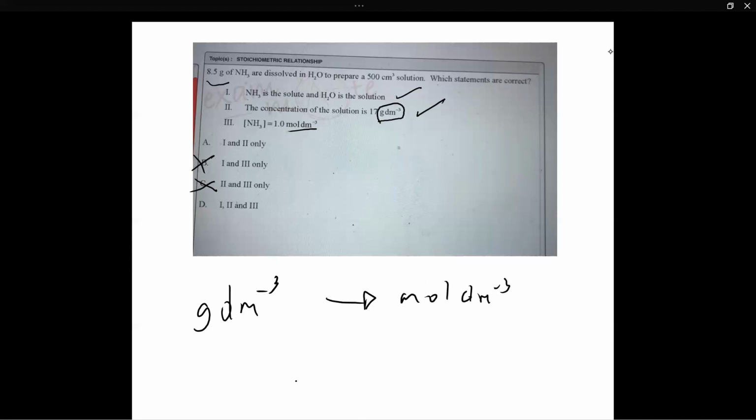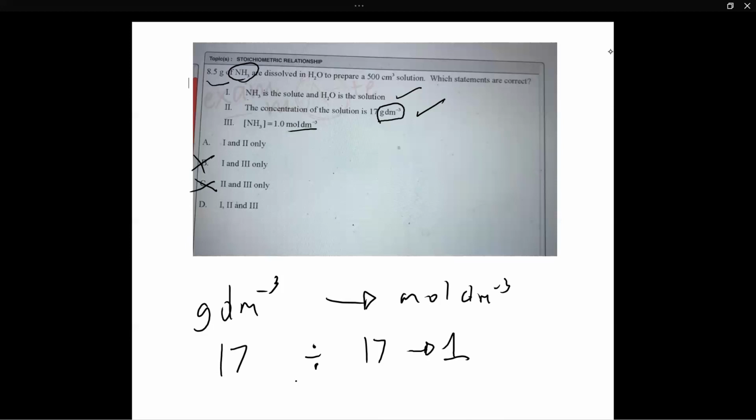All you have to do is take the concentration in grams per decimeter cubed, which was 17, and divide it by the molar mass of the substance that you are dissolving. So we have to divide it by the molar mass of NH3. The molar mass of NH3 is roughly 17, which gives us an answer of 1 mole per decimeter cubed. So therefore, this statement is correct.